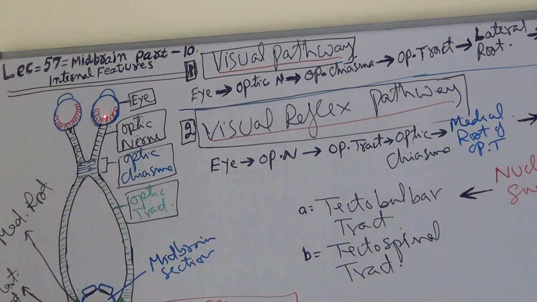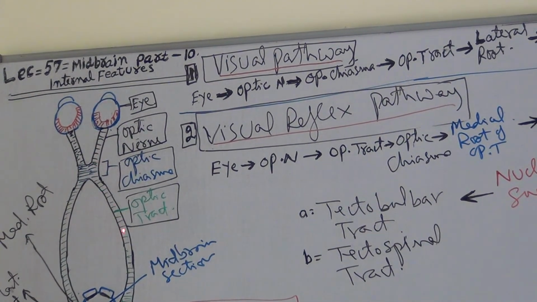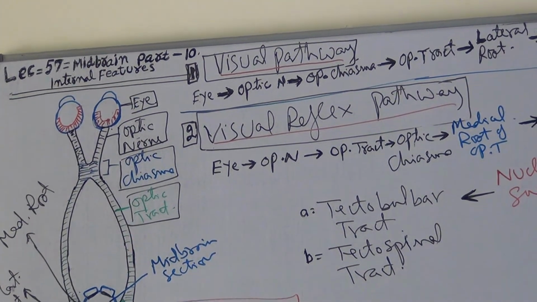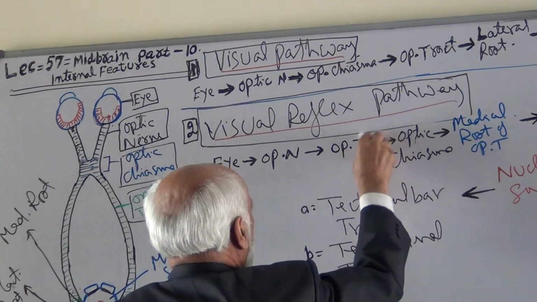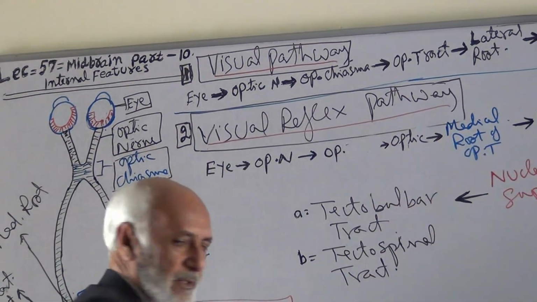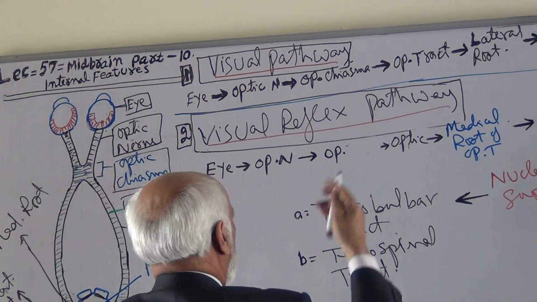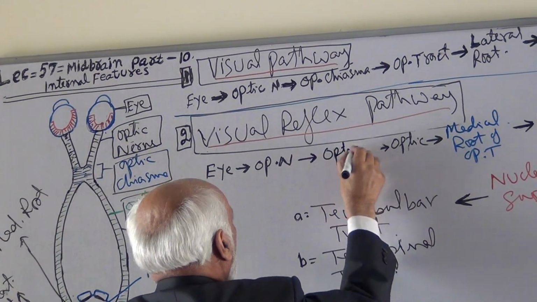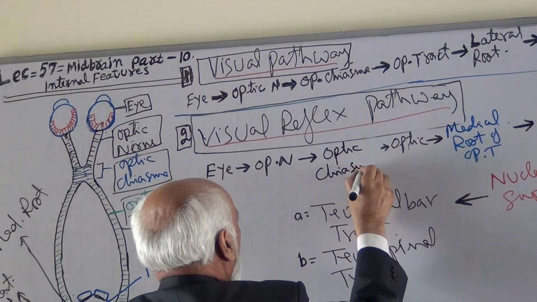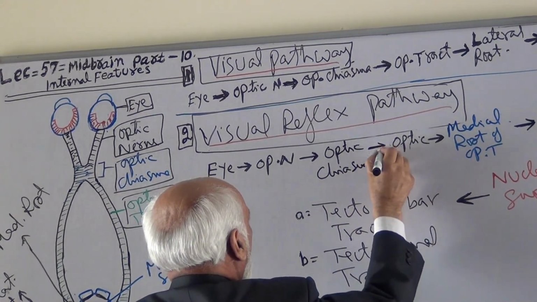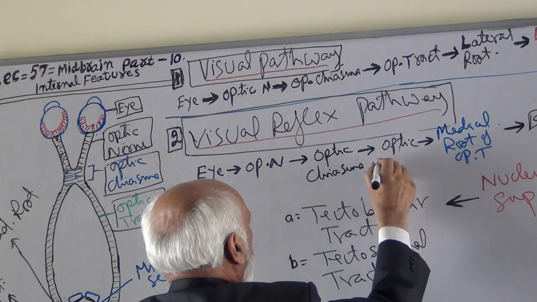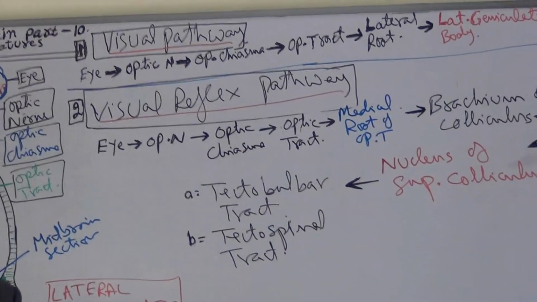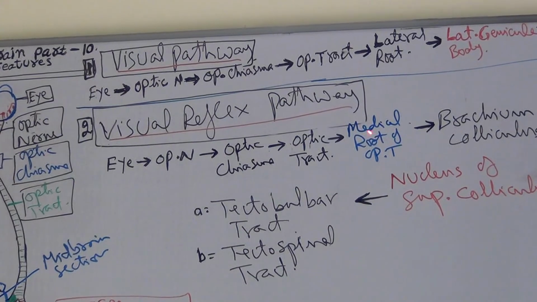The retina of the eyeball, then optic nerve, optic chiasma, optic tract, then optic chiasma here and optic tract there, optic chiasma, then optic tract, followed by the medial root.